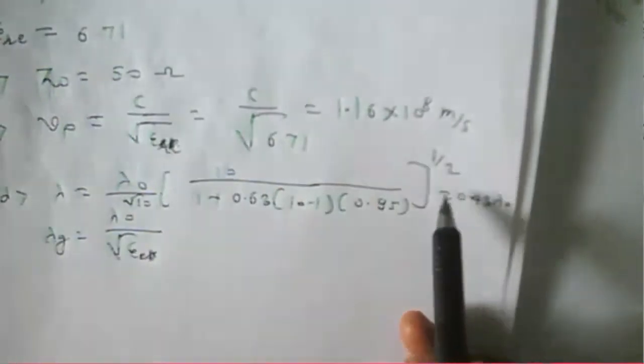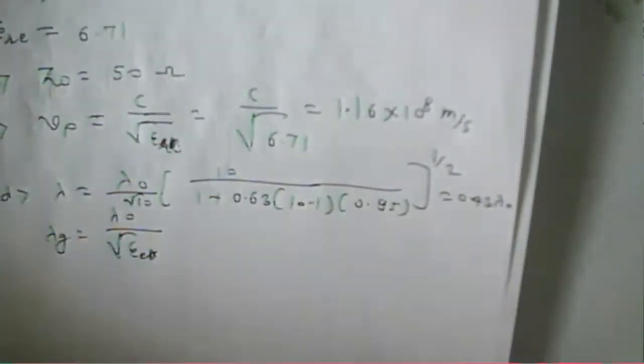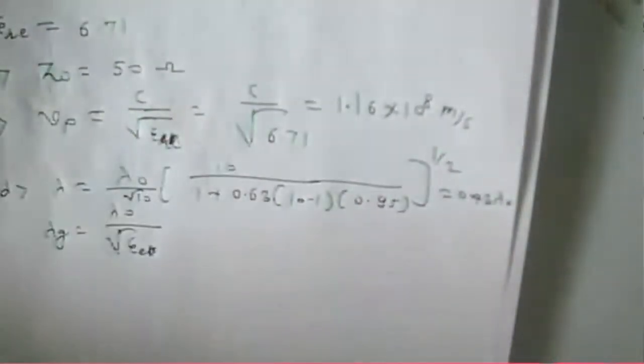So if we solve it, we'll get 0.43 lambda. This one is the lambda we are getting. We have the lambda g equation, so we can calculate lambda g, lambda 0 and all. Likewise, we will get lambda, that is about 0.43 lambda.